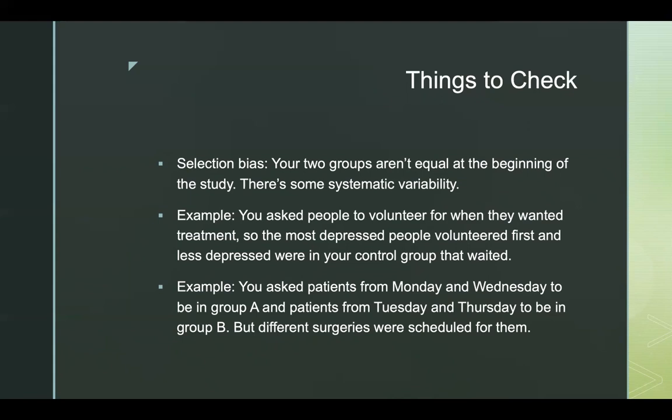But no, there were different doctors in the OR and they did different kinds of surgeries. And so the patients from Tuesday and Thursday, for example, had surgeries that were a lot more complicated than the patients on Monday and Wednesday. And so, of course, the patients on Monday and Wednesday, their problems were easier to fix than the other patients. And so her groups were not equal at the beginning.